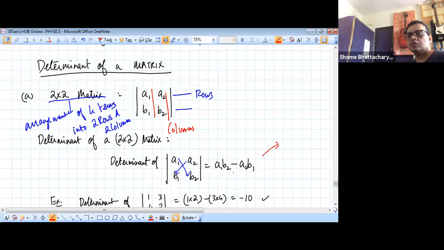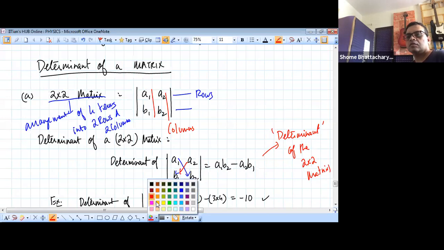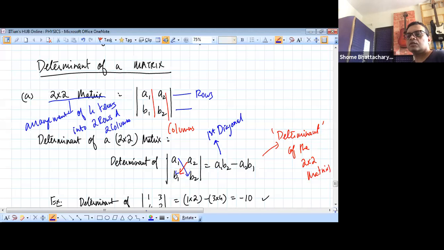Okay. This formula is the determinant of the 2 by 2 matrix. So you can think of this determinant like this. Think of this term as the first diagonal and think of this term as the second diagonal.